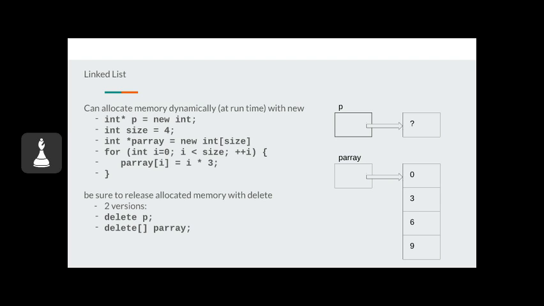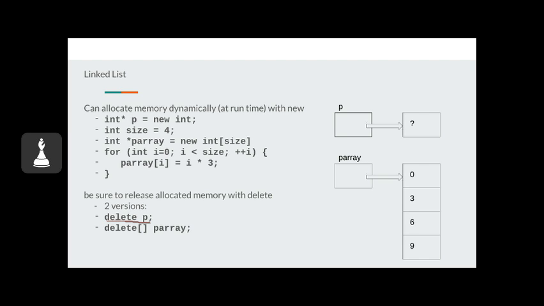When we're finished with these memory locations that we've allocated dynamically, in order to avoid a memory leak, it's an important step to free up that dynamically allocated memory, and there's two different versions of it. The first version is we use delete with just a variable name p, and that frees up a single object. In this case, we just have a single integer that we're going to free up.